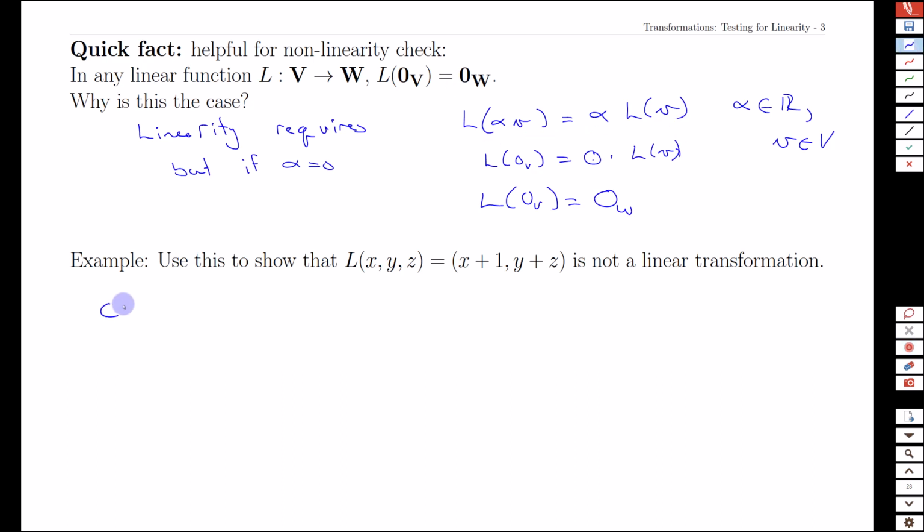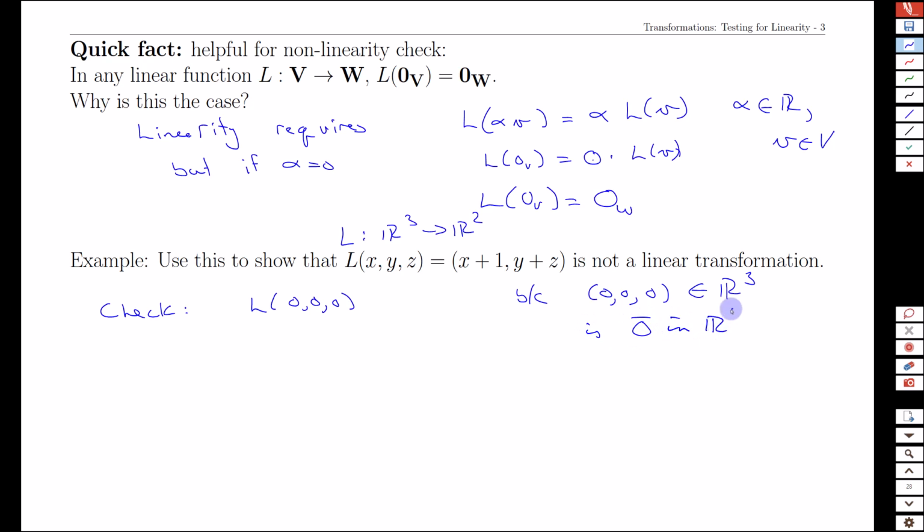So we can just do a quick check and find L of 0, 0, 0, because 0, 0, 0 is an element of R3, which is the input space, and I should have actually said that here. That L here is mapping R3 to R2. And this thing here is the zero vector in R3.